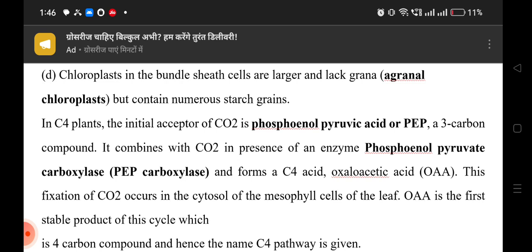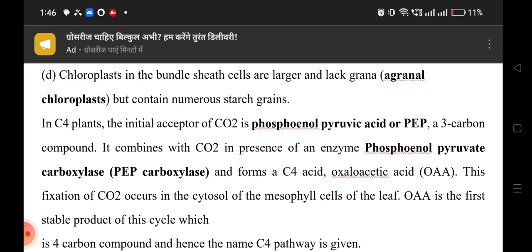In the C3 cycle, the initial acceptor of carbon dioxide was RuBP, which is ribulose 1,5 bisphosphate. But here in C4 plants, the initial acceptor of carbon dioxide is phosphoenol pyruvic acid or phosphoenol pyruvate, which is a 3 carbon compound. Now it is most important to determine this reaction.